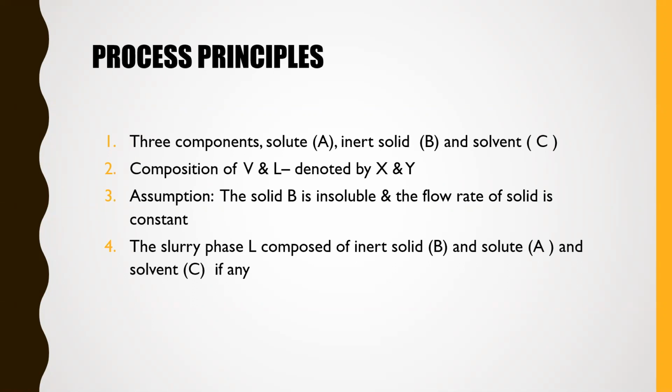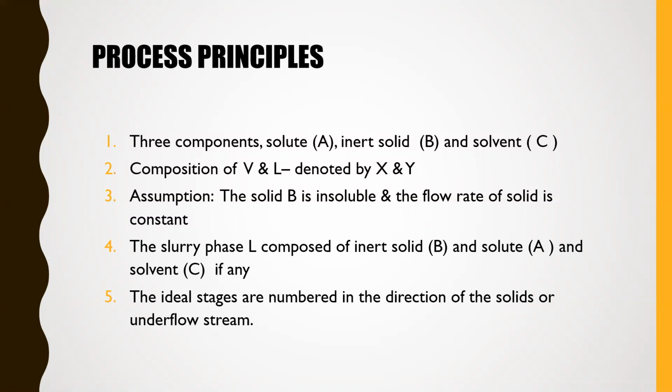The slurry phase L is composed of inert solid B and solute A, and sometimes it contains solvent C. The ideal stages are numbered in the direction of the solids or underflow streams.